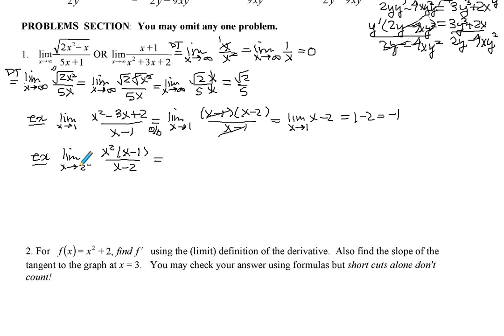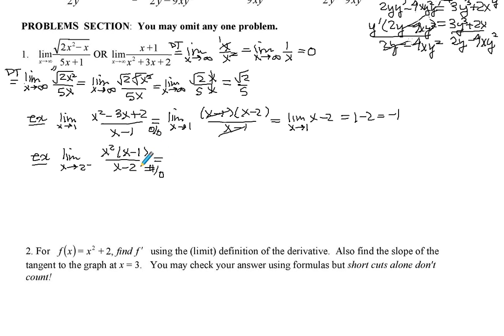Notice if you plug 2 in on the top, you get 2 squared is 4 times 2 minus 1, which is 4 times 1, 4. You get a number on top. But on the bottom, 2 minus 2, 0. So this is the form number over 0. So that's going to be plus or minus infinity.